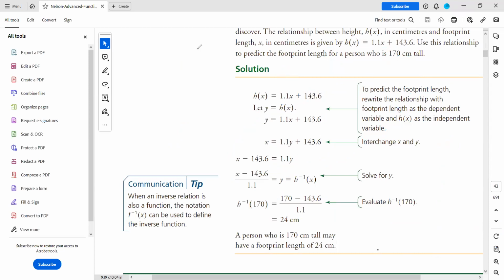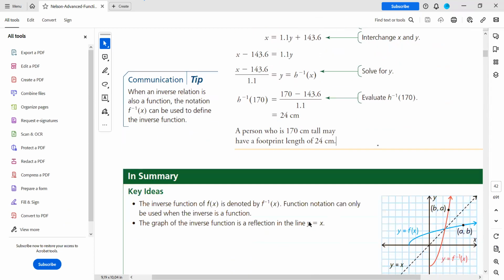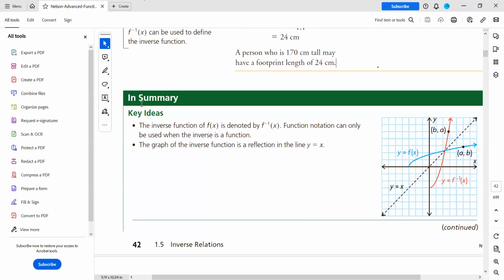So basically what we covered in this unit, we found a way of finding the inverse relationship. It could be useful in situations where you have to find the inverse relationship of dependent and independent variables. Basically, the inverse function of f of x is denoted by f to the power -1 of x.